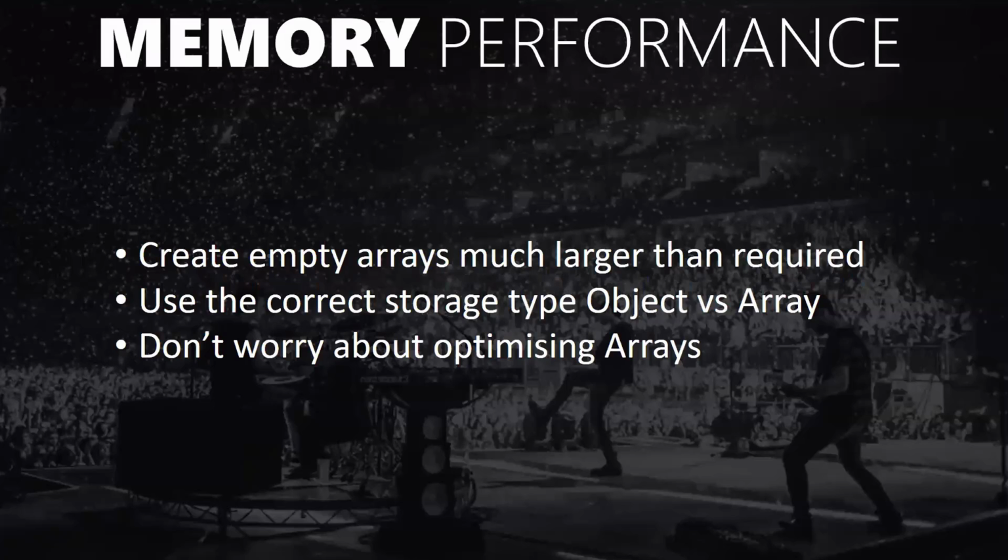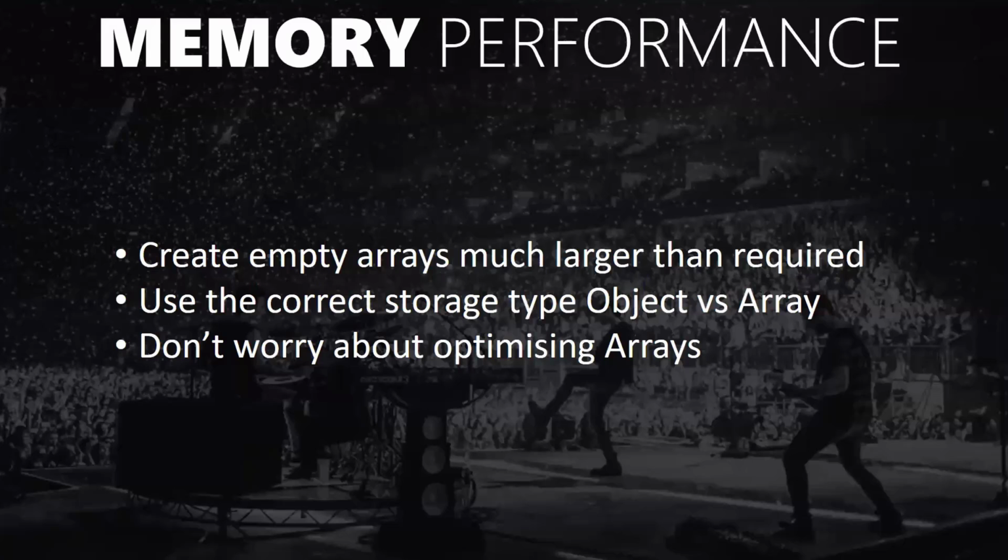So how do we get around not knowing how the browser is going to deal with our arrays? We can trick the browser. For example, if you want to create a large array of data, it might grow over time. Create the array in the largest size that is going to be required. Even create it twice as large as you think you might need it.